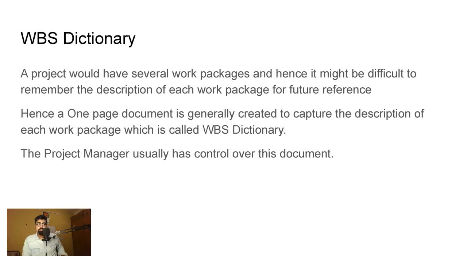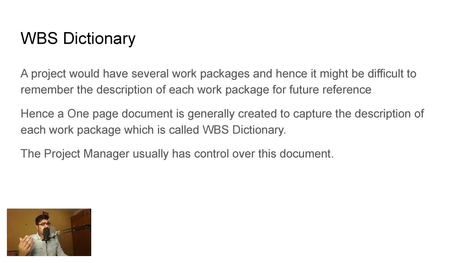The last segment is WBS dictionary. This is pretty simple. You have multiple work packages now, and you don't know how to reach out to any particular work package, obviously, right? It will be a lot more confusing.